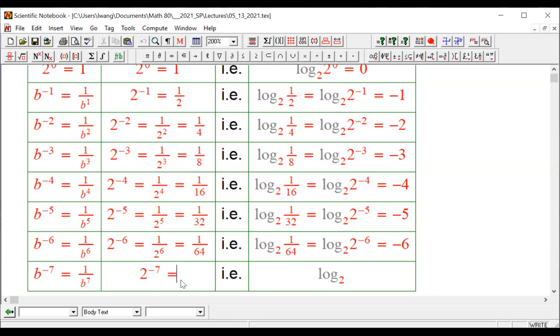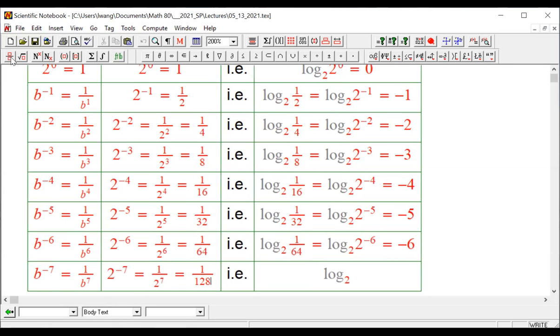Okay. Now, this is 1 over 2 to the power 7, which is going to be 1 over 128.